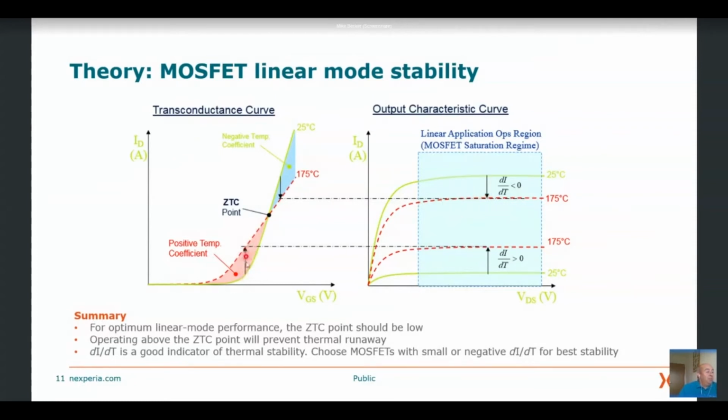This difference between 25 and 175 degrees, we call delta I, divided by delta T. So the dI/dT is quite significant. If you've got a big dI/dT, then your device is more unstable. If those curves are very close to each other, then we can say that the device is thermally stable.